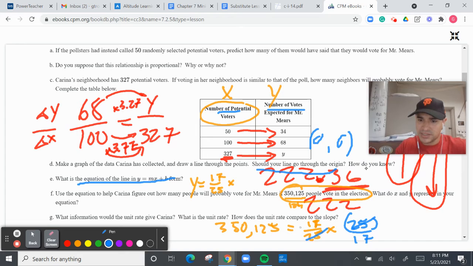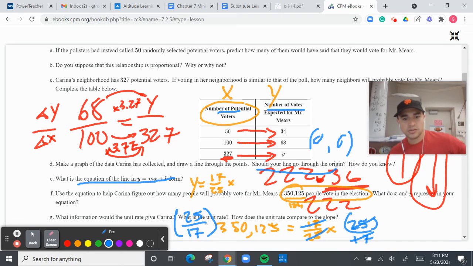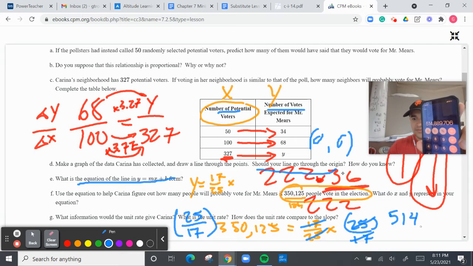The 25s would cross out, the 17s would also cross out. So basically what you can do is 25 times 3,500,000, which is 87,500,000, and then you divide that by 17, which is about 5,147,000. Close.